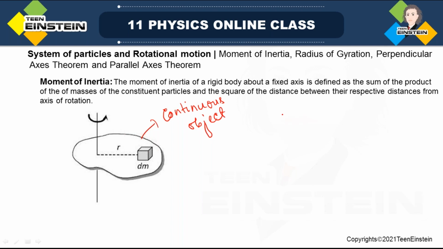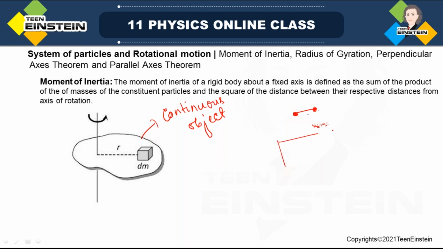Continuous object means the interparticle distance between the particles is very, very small, so you get very closely spaced particles. It will be very difficult to find one particle and its corresponding distance. So in that case, you think of this as a continuous object.